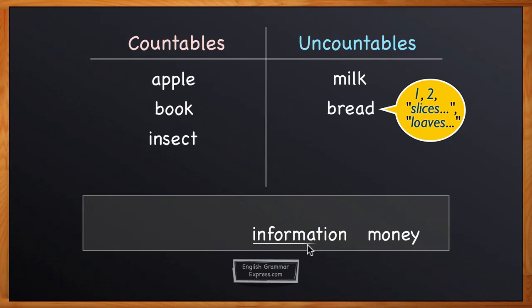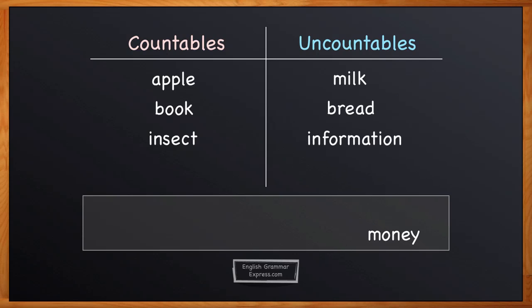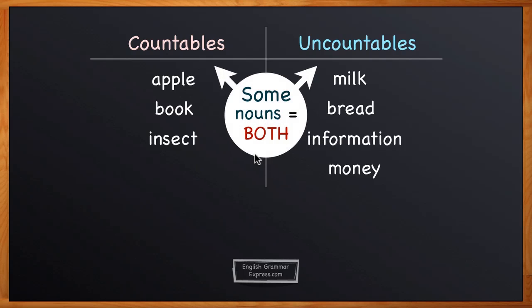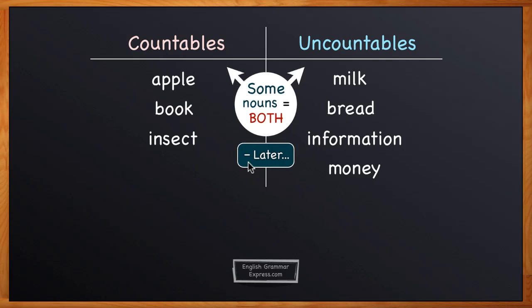Similarly, information is uncountable. To count it, we would say a piece or 2 pieces of information. Finally, money is uncountable. Now, there are some words which can be both countable and uncountable, and we'll look at those words later on in this lesson.